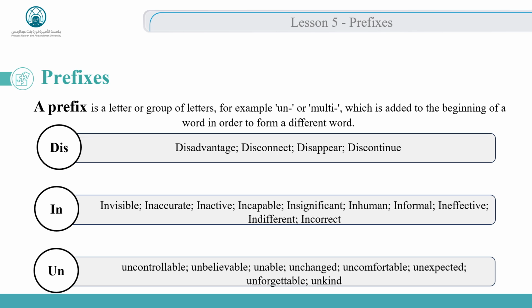Prefix un: uncontrollable, unbelievable, unable, unchanged, uncomfortable, unexpected, unforgettable, unkind. Here we notice that dis, in, and un, these prefixes are mainly used to form the opposite of words.